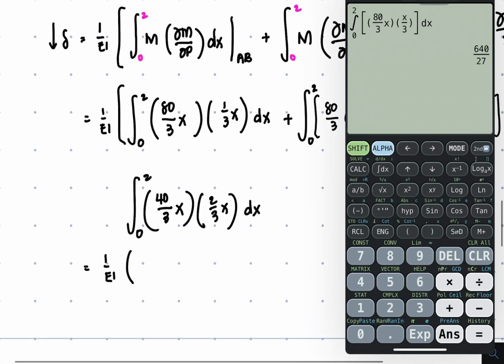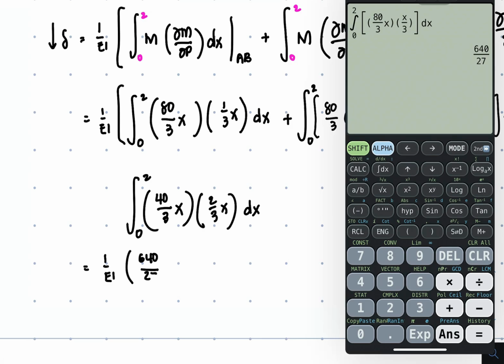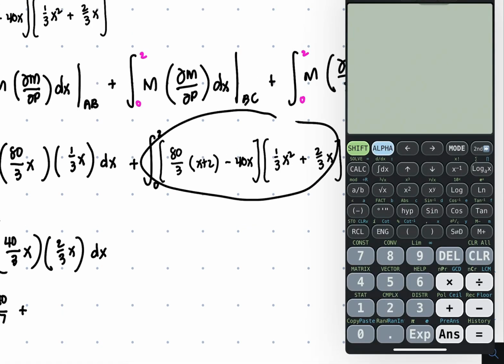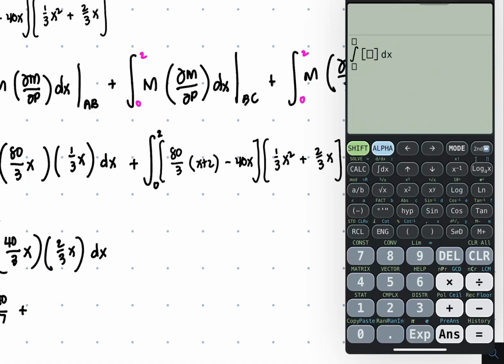So it's 640 over 27 plus this term. It's going to be 80 over 3 times x plus 2. So it's better not to distribute the x plus 2, so that at least you won't have your terms become large. There is a possibility that you might get mistakes along the process.